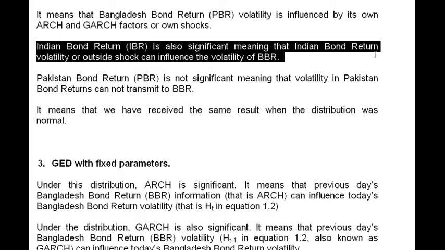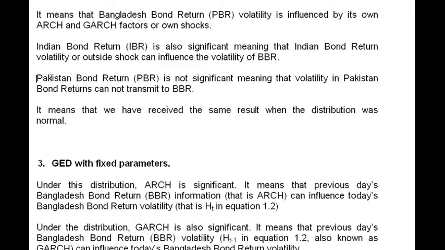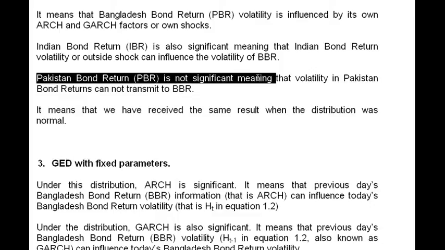And what about the Indian bond return? It is also found significant, meaning that Indian bond return volatility, or outside shock, can influence the volatility of BBR. Then what about Pakistan bond volatility?